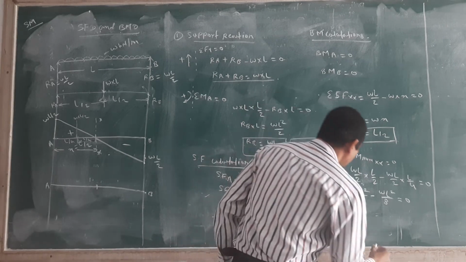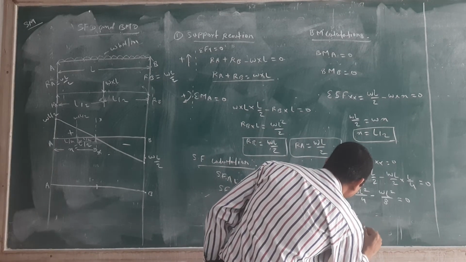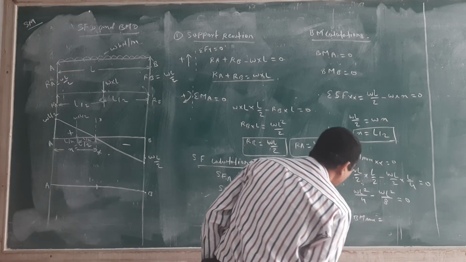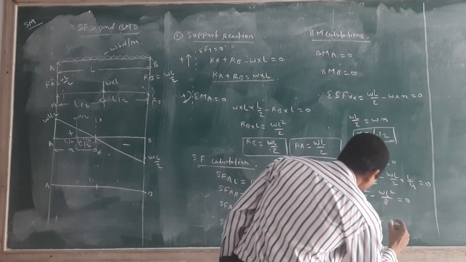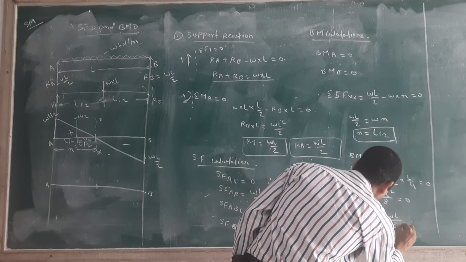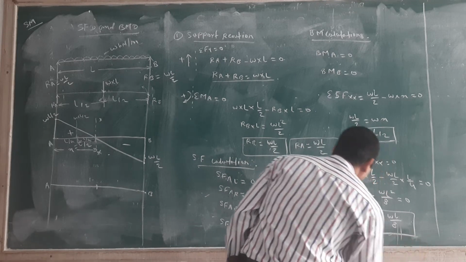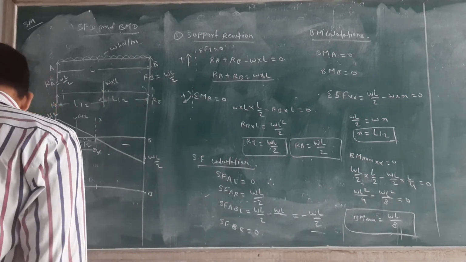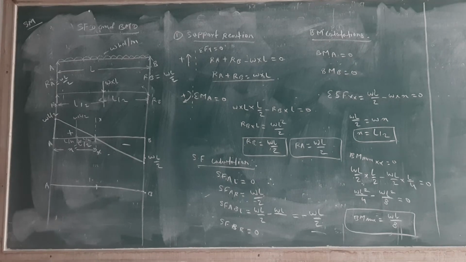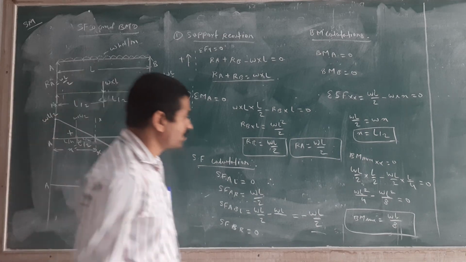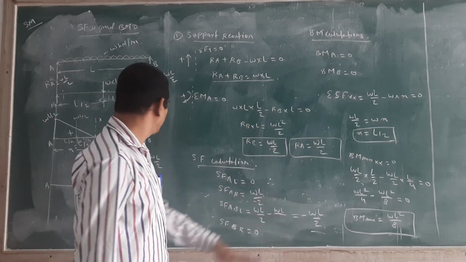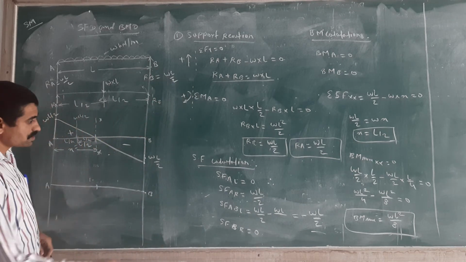You can take the LCM, then you will get the maximum bending moment at section X equal to WL square by 8. Means you will get the positive value.